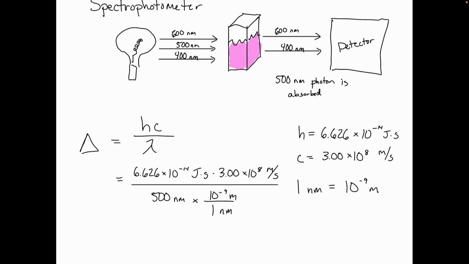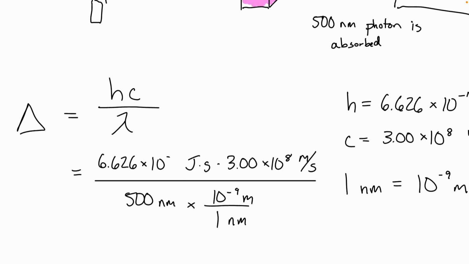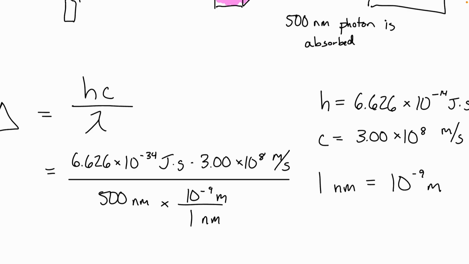What up? Isn't Planck's constant 10 to the negative 34? Yes, it is 34. I cannot read my own writing here. Sorry. Good call.